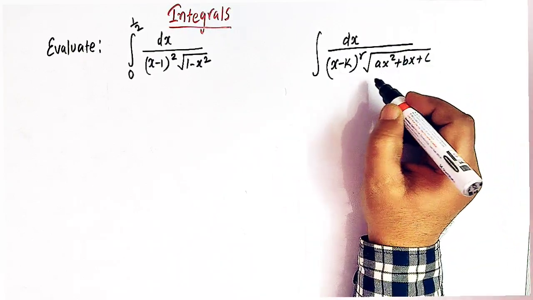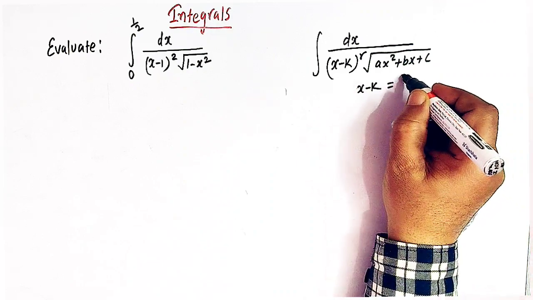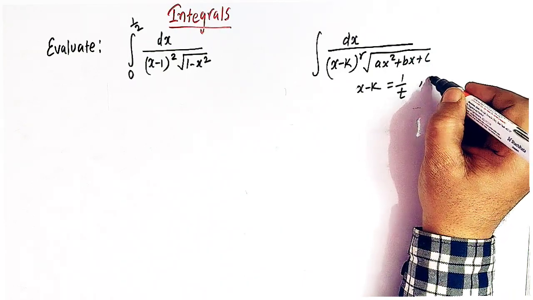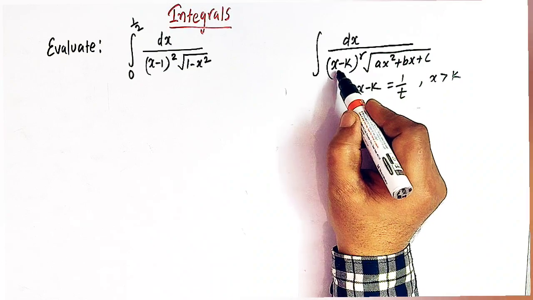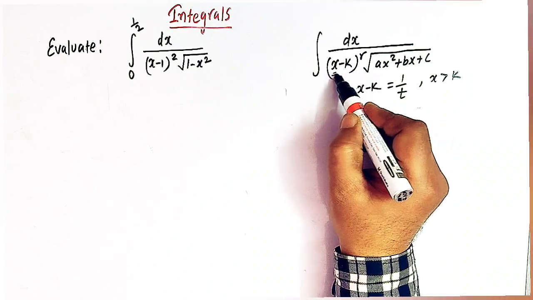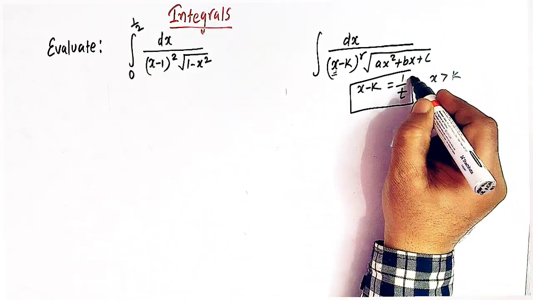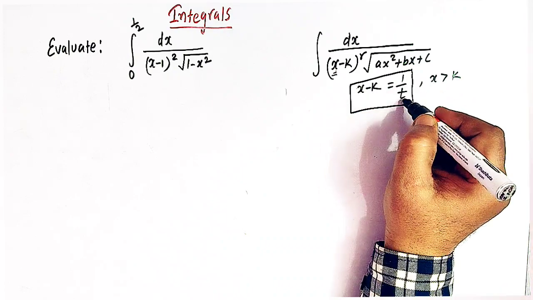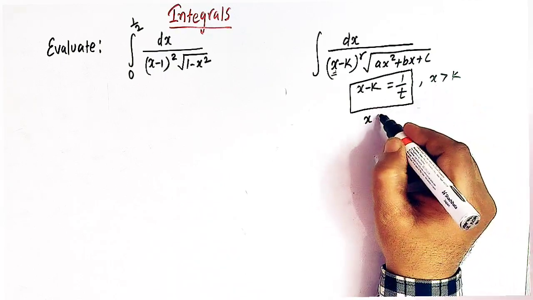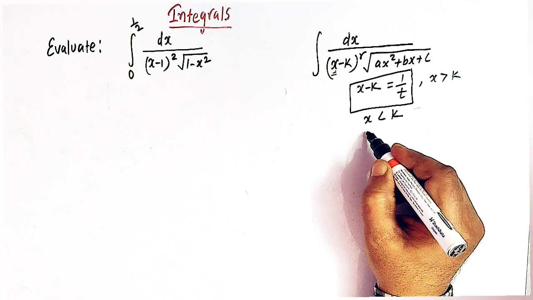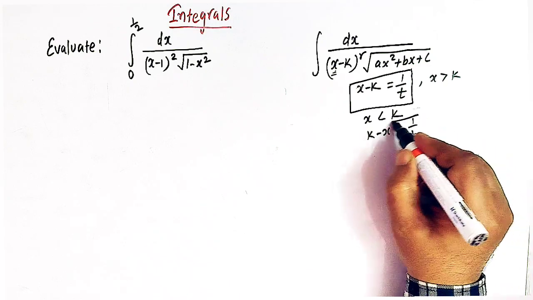Here we take x minus k is equal to 1 over t whenever x is greater than k. So we take this linear factor, x minus k, and whenever x is greater than k, we take this substitution, x minus k is equal to 1 over t. And when x is less than k, then we take the substitution k minus x is equal to 1 over t.